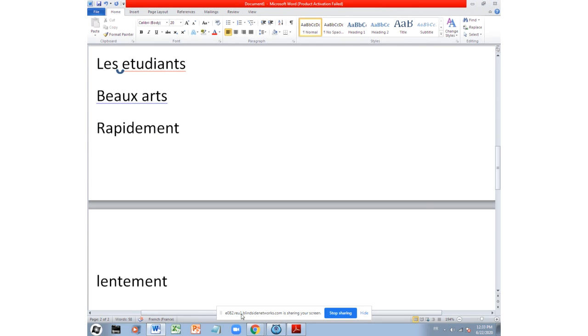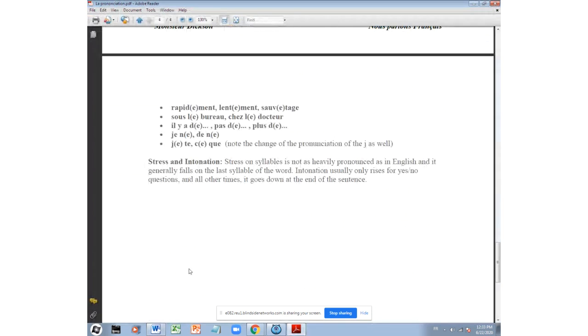So basically, that is what is explained there. So you see what is put in brackets is what you are being told is silent. So we say rapidement, lentement, sauvetage. So you swallow the E. You don't say sauvetage with the e.